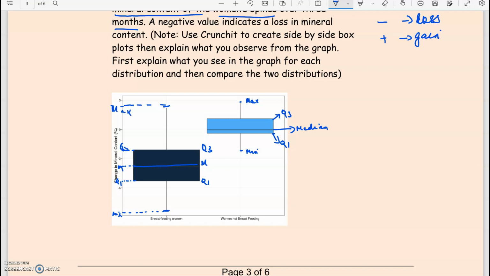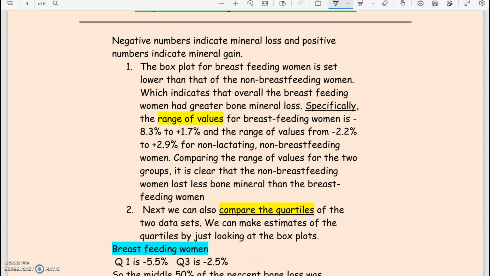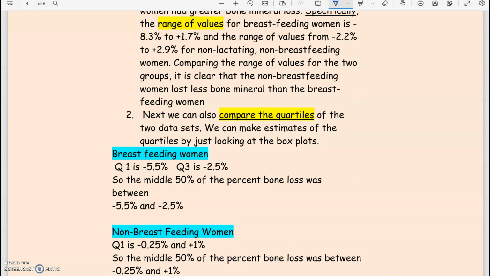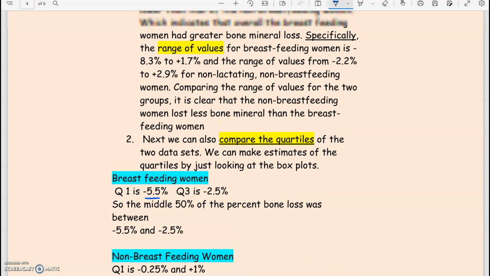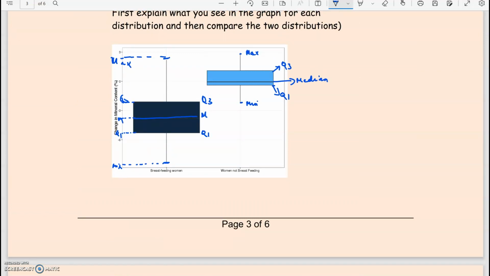So we're going to look at the two box plots and first write down roughly the median and the quartiles. For the breastfeeding women, negative 5.5 and negative 2.5, the lower and the upper quartiles, and the median is roughly here.